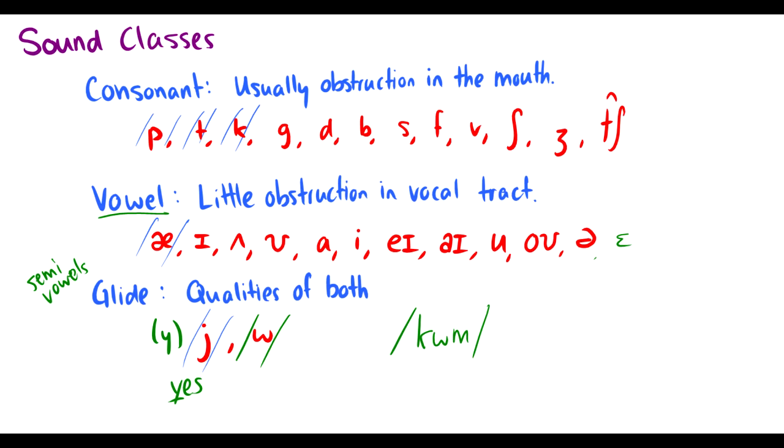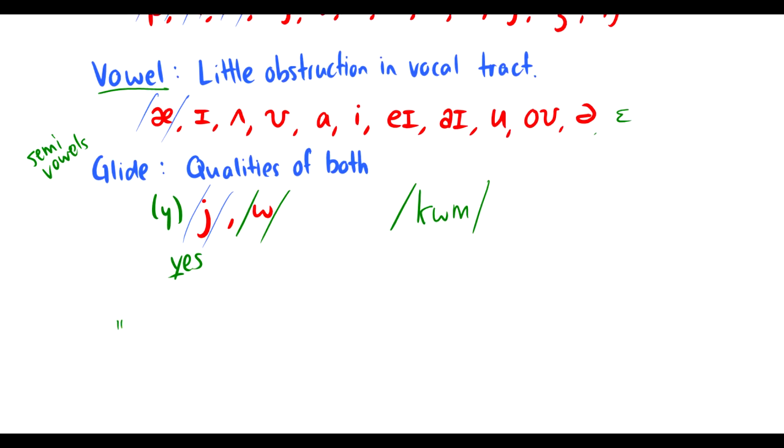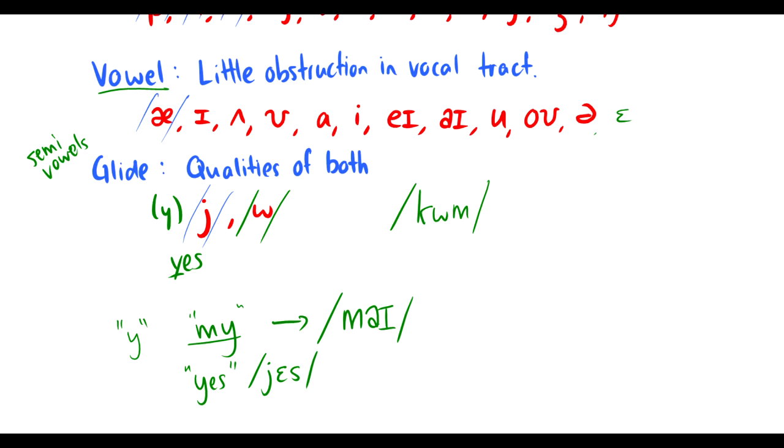In fact, here's something a little bit tricky. We always say sometimes Y is a vowel, but then we have the word my. And what's interesting about this is when we transcribe it like this, this isn't a Y, this is an I sound. And yet this Y sound, when you say yes, on its own, it's never necessarily a vowel sound.